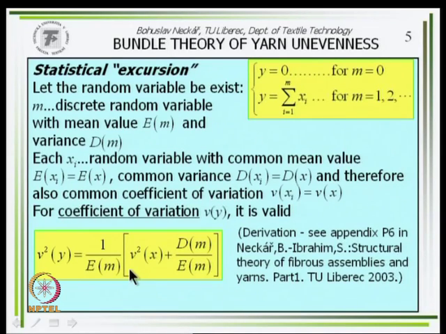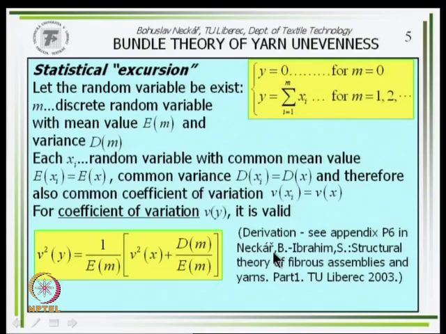When we derive the coefficient of variation of such a random quantity using the tools from the theory of probability and mathematical statistics, finally we obtain this equation. Please believe me; you can find it, for example, in our book about the structure of fibrous assemblies, as an appendix, where it is derived.